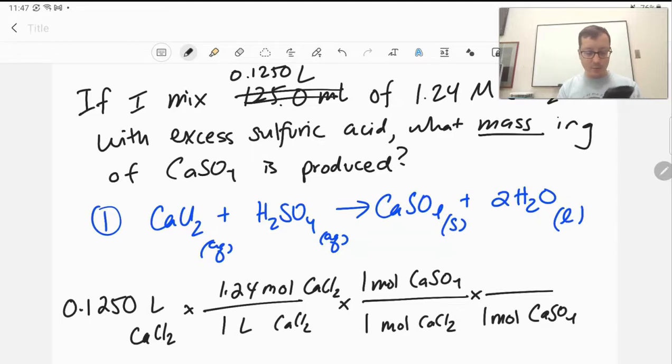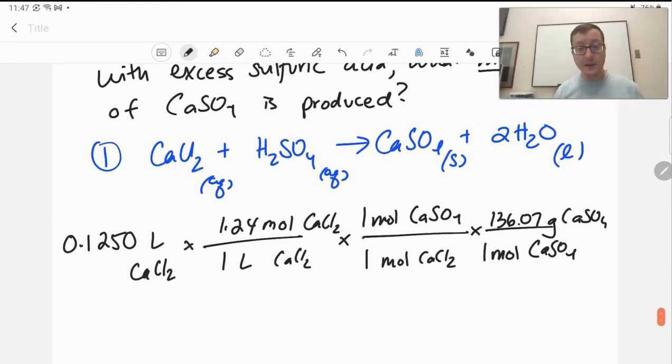So we've got 40 plus 32.07 plus 4 times 16. So that's 136.07, assuming I've got the numbers correct. Double check me on that. And so we can go ahead and now do the calculation. So everything's the same. We've just switched our way of getting to moles of A. In this case, we're using a volume and molarity instead of mass and molar mass.